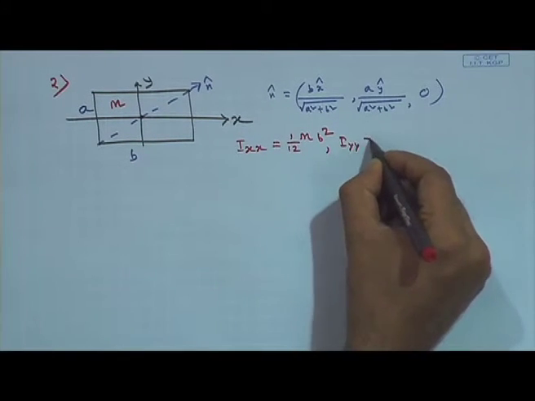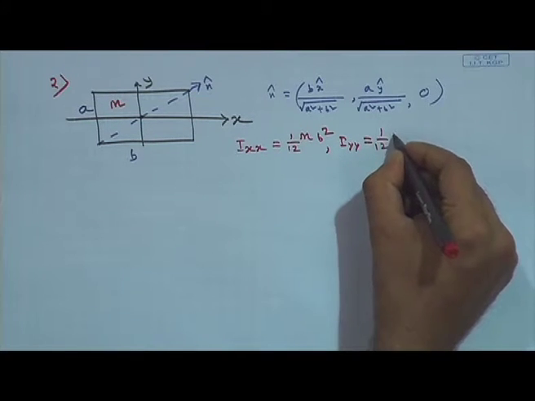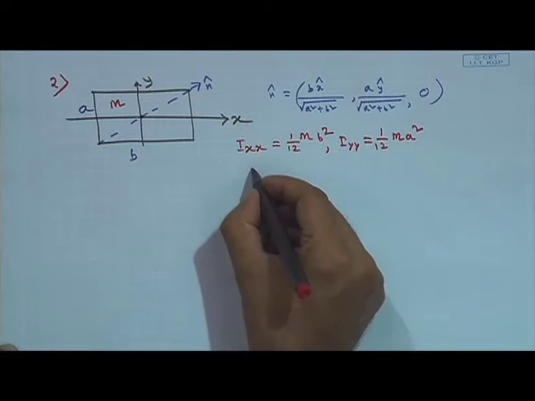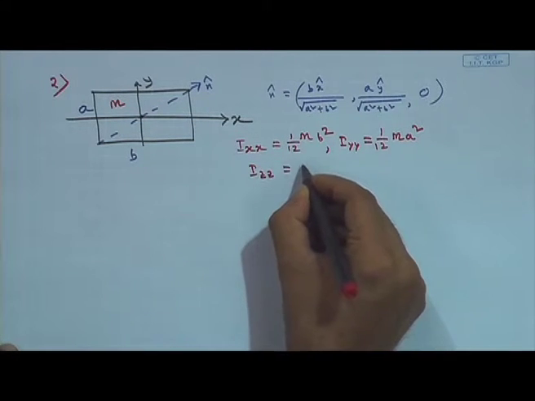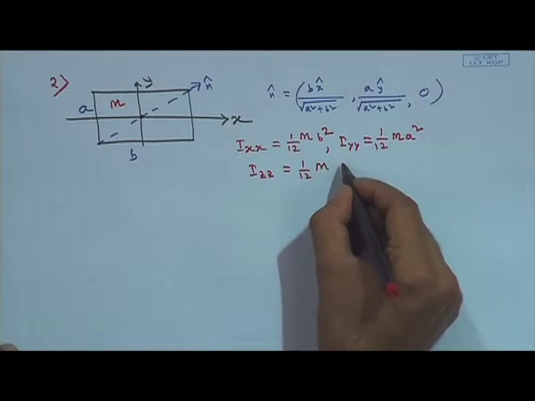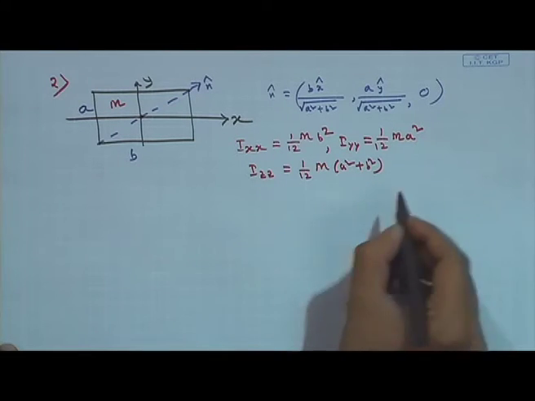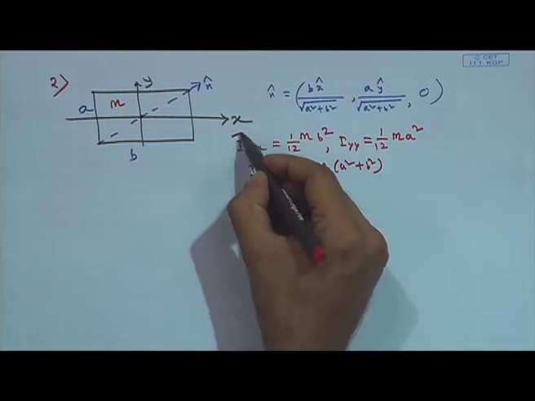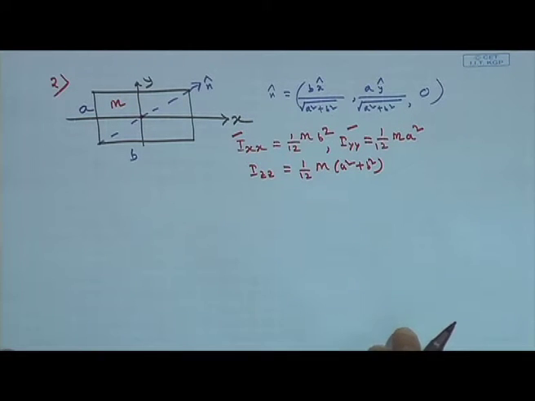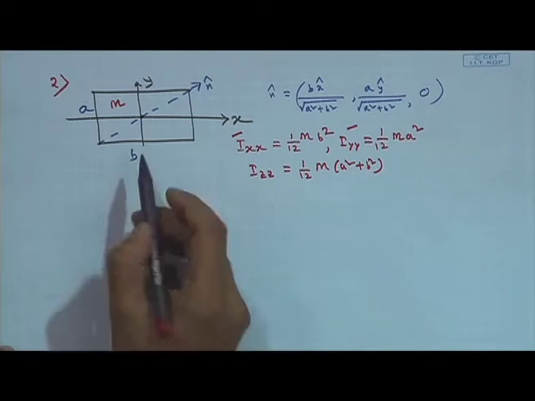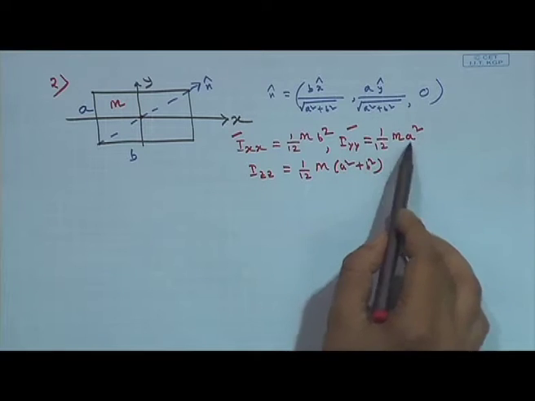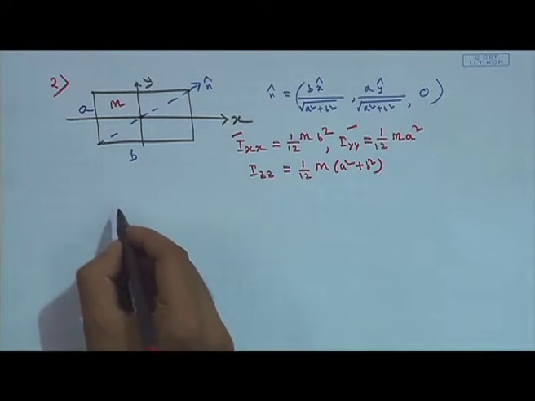Iyy will be 1 by 12 m a square, and Izz will be 1 by 12 m (a square plus b square) from the perpendicular axis theorem. So if I give you these two, the third one is obvious from the perpendicular axis theorem, right? So I am giving it to you to begin with. You can always calculate this. It is very easy. You can find how to calculate Ixx and Iyy in any of the textbooks.